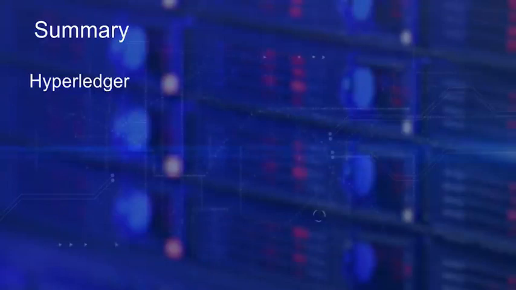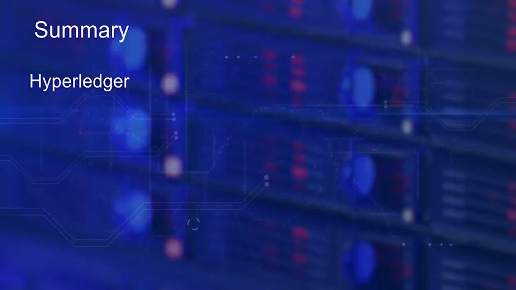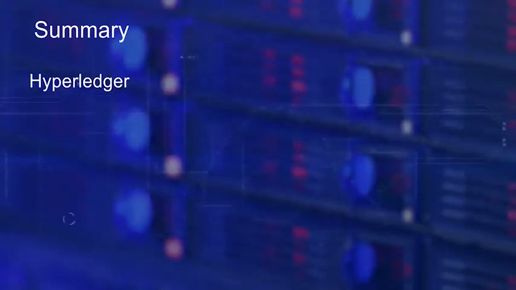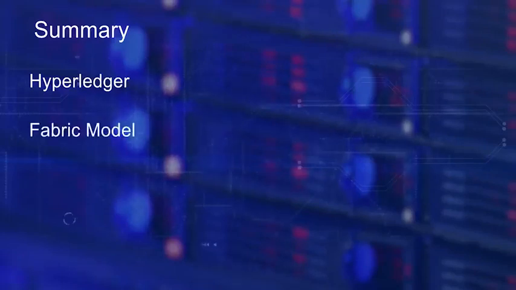Summarizing this module, we began the discussion on Hyperledger Framework as a project under Linux Foundation and the participation of the wide range of industries. We then discussed the services-based architecture of Hyperledger and the various components of the Fabric model.